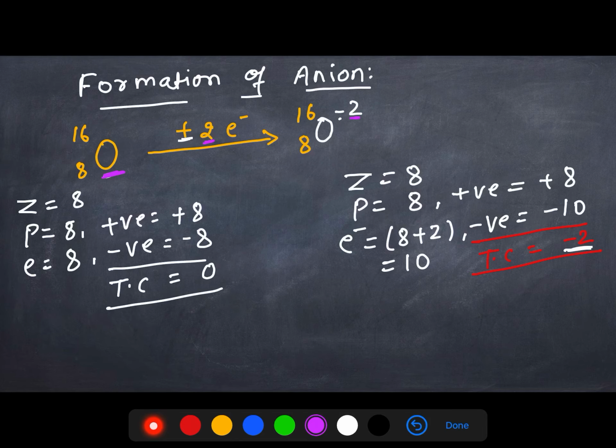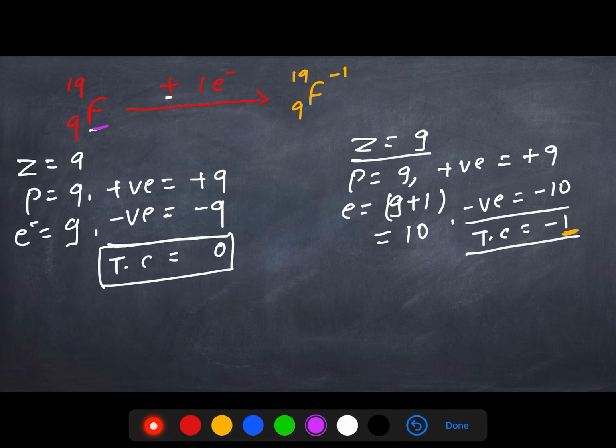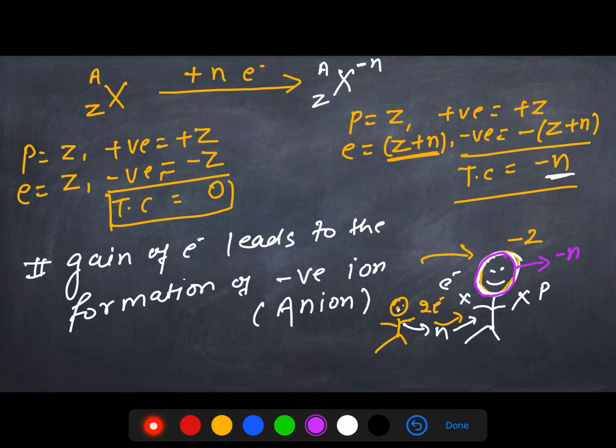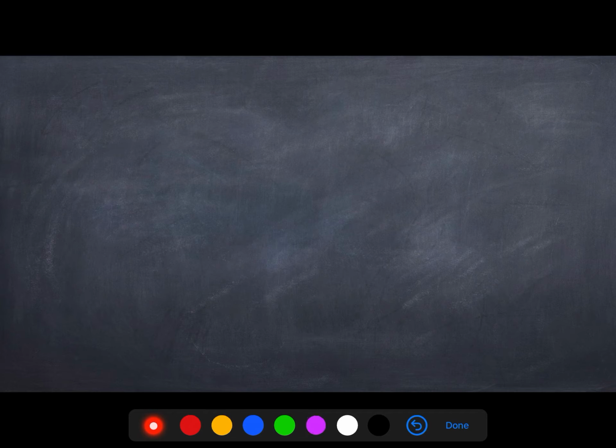Now let's see one more. We have to draw one more conclusion. Oxygen over here gains 2 electrons, so the magnitude of charge developed is 2 minus. Fluorine, when it gained 1 electron, developed minus 1. X, when it gained n electrons, developed minus n.